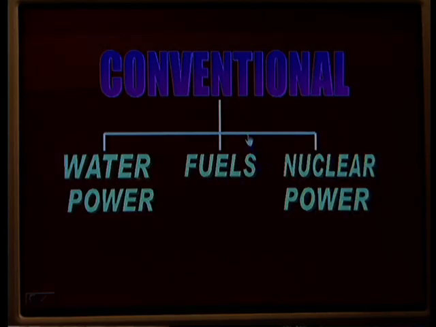Let us talk about the next option in conventional sources, that is the nuclear power. We know that by nuclear fission and fusion actions, a lot of heat is generated. This heat that is generated can be used for generation of electrical energy.